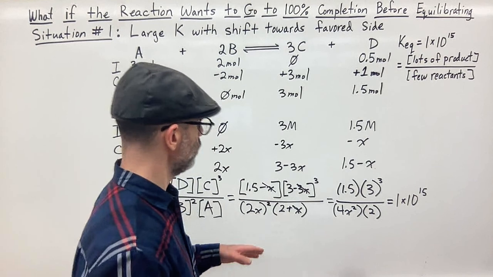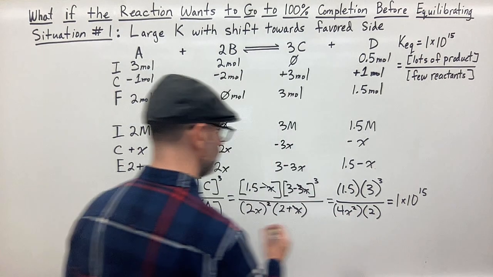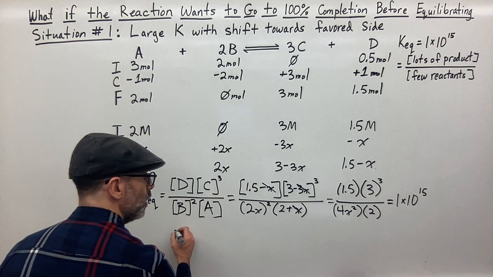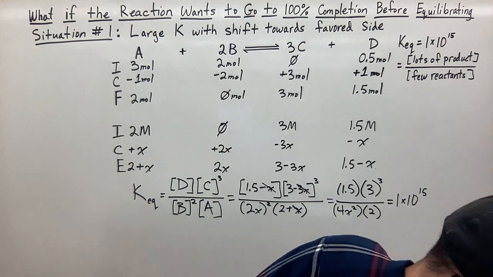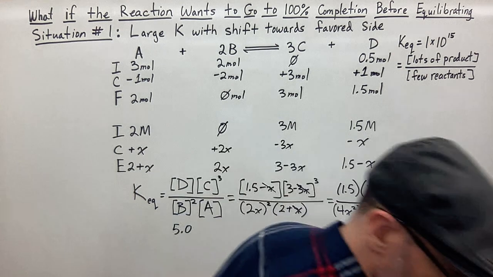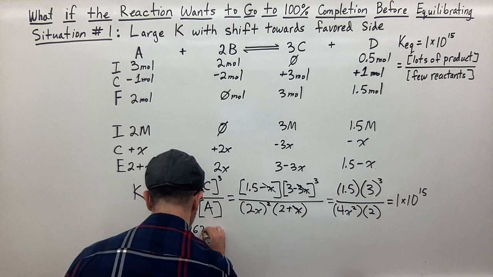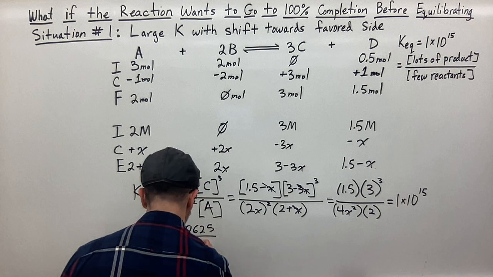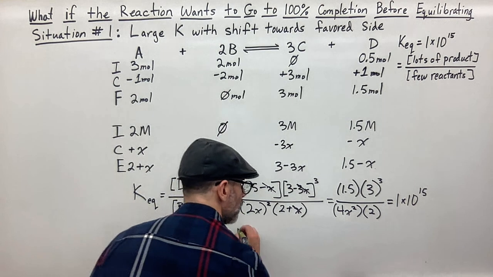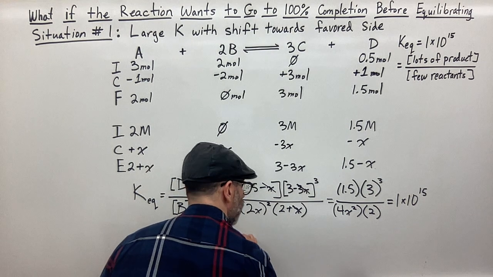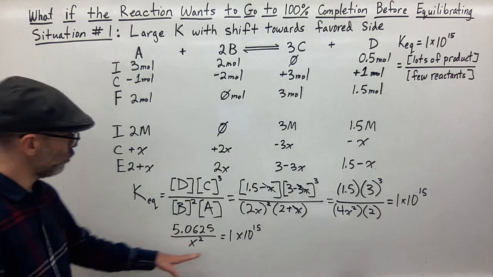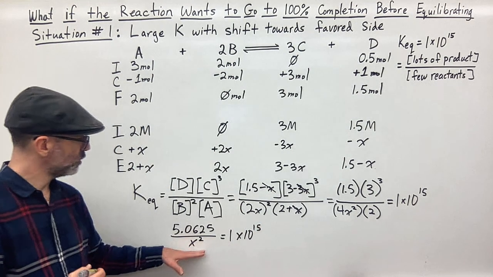Okay, so when I simplify this, I'll write it over here to give myself some room. So this ends up being 5.0625 over x squared is equal to 1 times 10 to the 15. So you can easily solve for x squared.